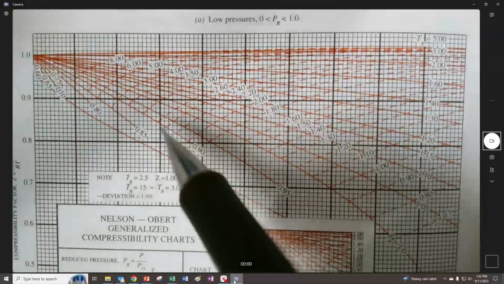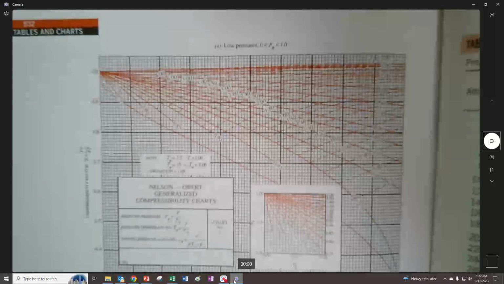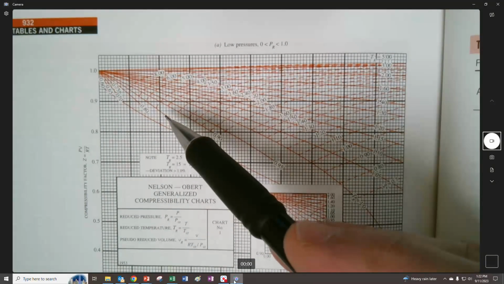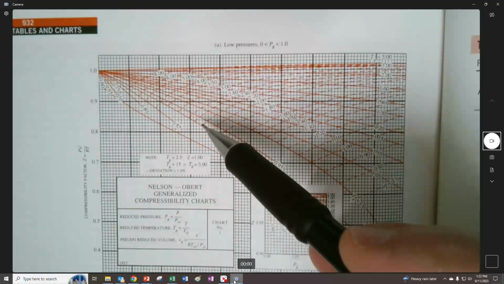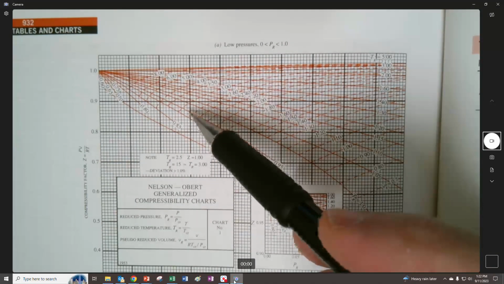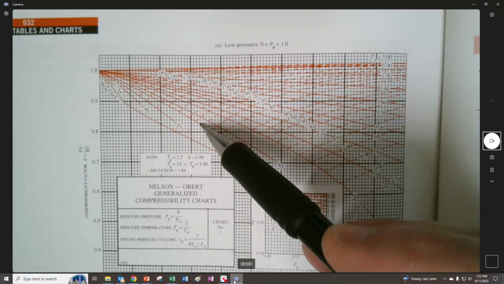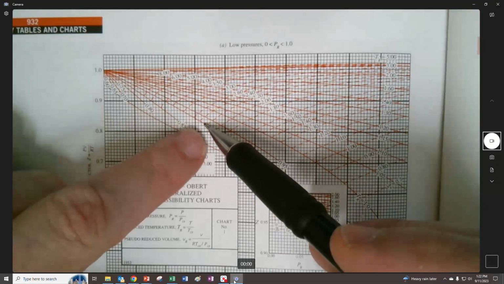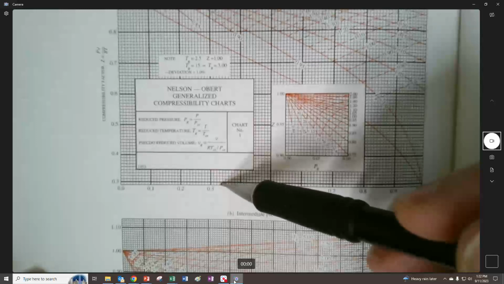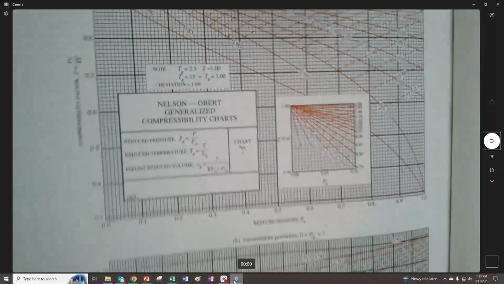Boy, this thing's really freaking out right now. So you can see, hopefully, that with that 0.9 and 2.4, somewhere right in here, they estimate 0.33 at the reduced pressure.